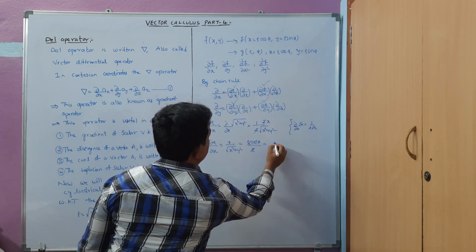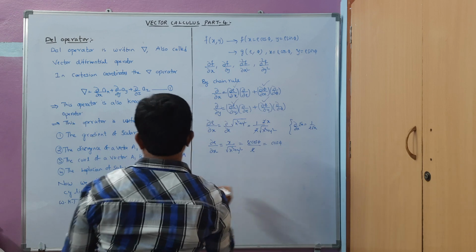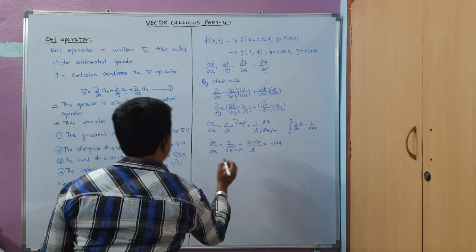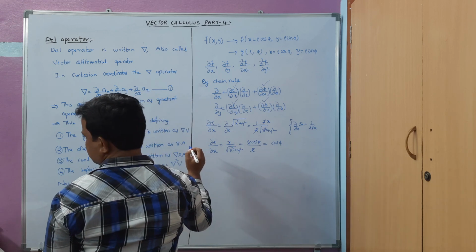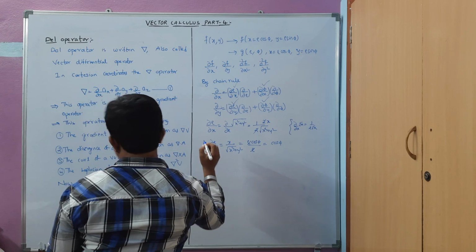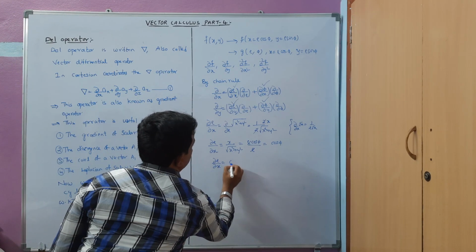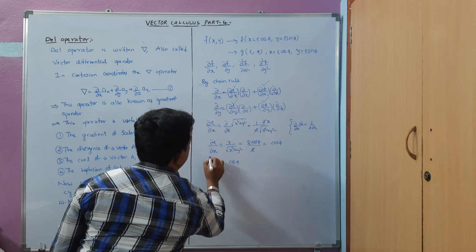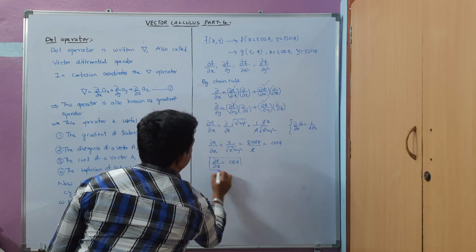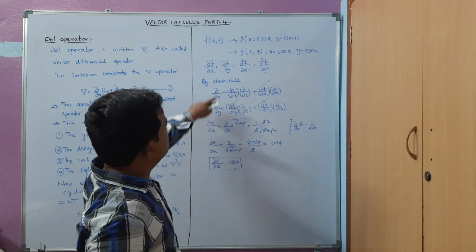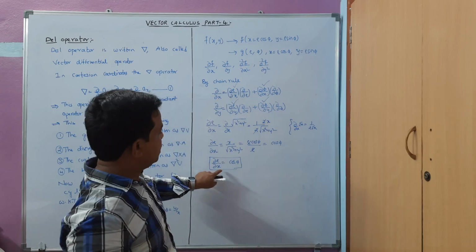So I can write cos phi. So I got the value of dou rho by dou x as cos phi. So we have to recall all this at the time of substituting these equations.